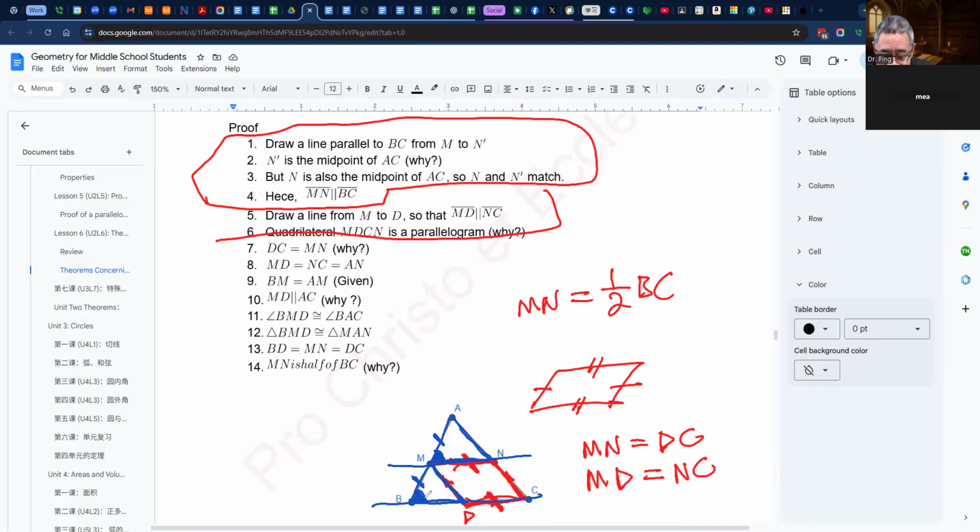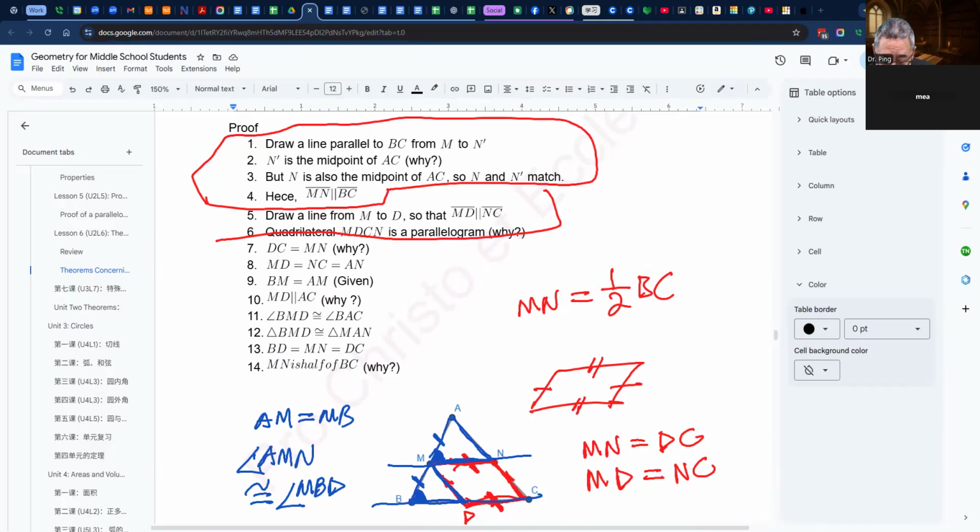So these two angles are corresponding angles, so they are congruent. So we got one side and the angle. AM is equal to MB, and angle AMN is congruent to angle MBD.